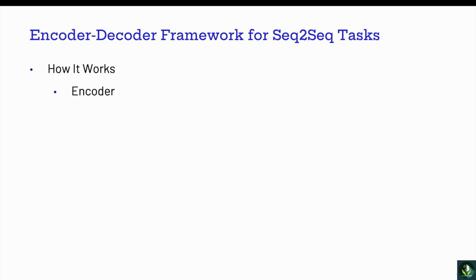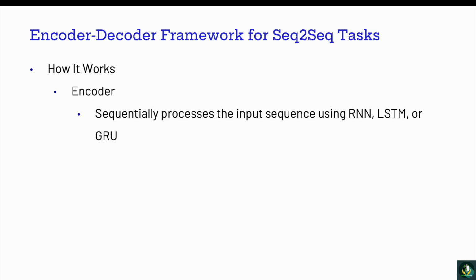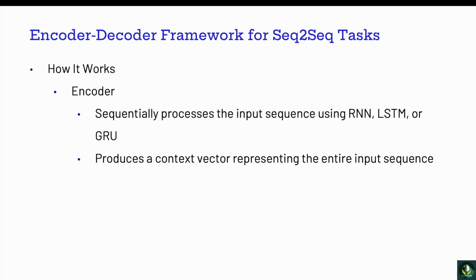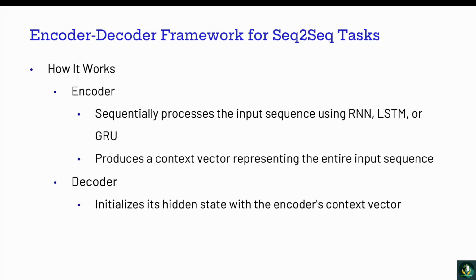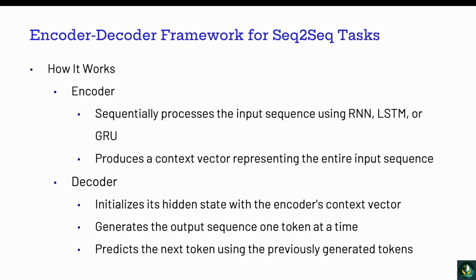The encoder sequentially processes the input sequence using RNN, LSTM, or GRU, and then it produces a context vector representing the entire input sequence. The decoder initializes its hidden state with the encoder's context vector, generates the output sequence one token at a time, and predicts the next token using the previously generated tokens.